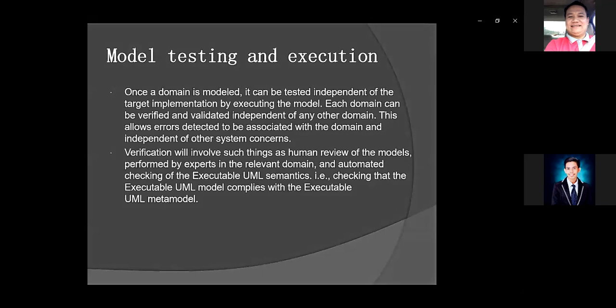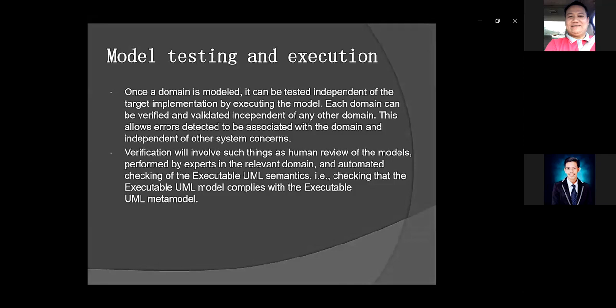Model testing and execution. Once a domain is modeled, it can be tested independent of the target implementation by executing the model. Each domain can be verified and validated independent of any other domain. This allows errors detected to be associated with the domain and independent of the system concerns.